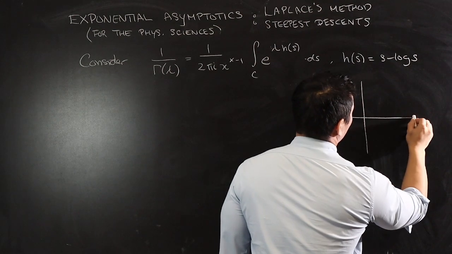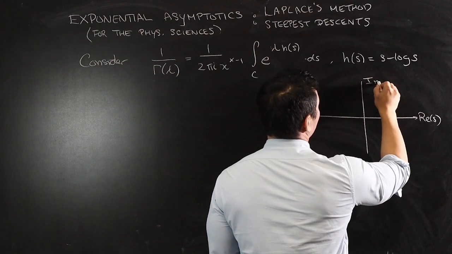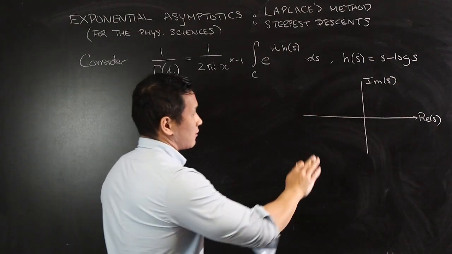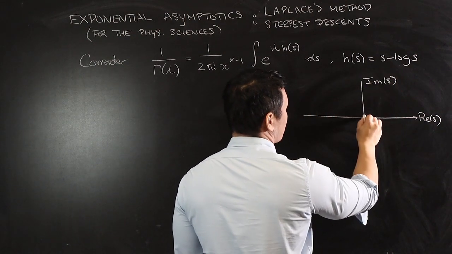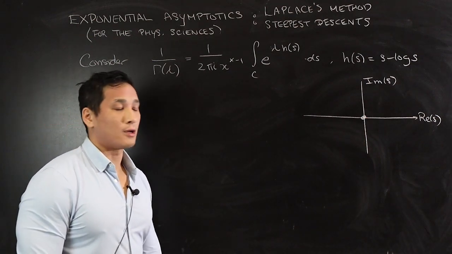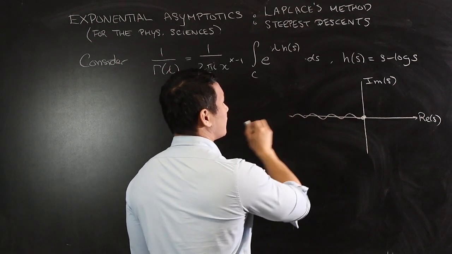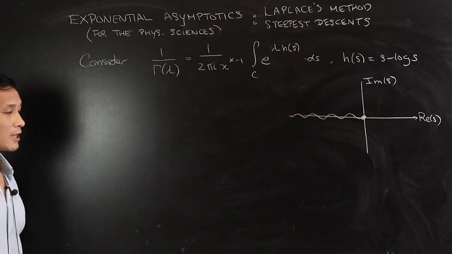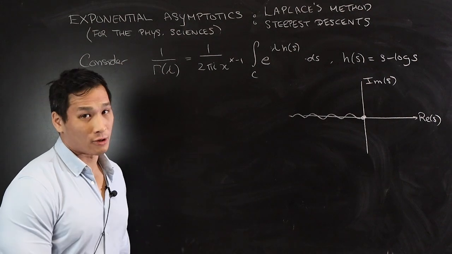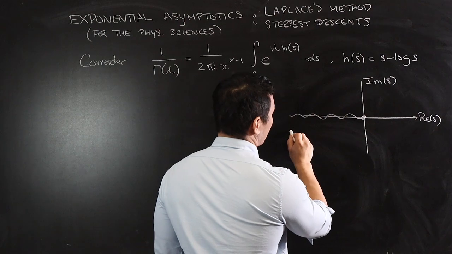So if I imagine the real s, imaginary s plane, firstly, 0 is a problem here. It's got a branch point at s equal to 0, and if you remember some of your complex analysis, you have to cut the plane along the negative real axis, that you're not allowed to travel across this cut unless you think real hard. But the contour C is what's known as a Hankel contour.